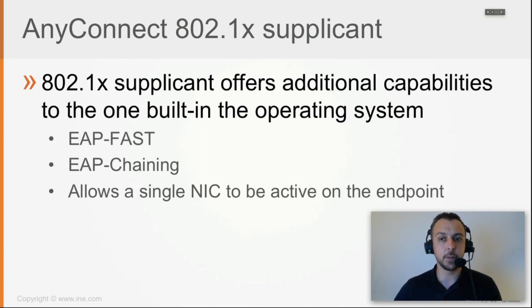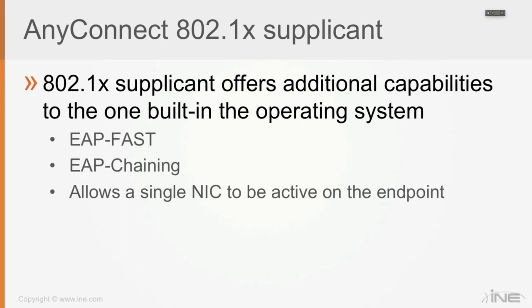And of course, except the fact that it's a different supplicant, it adds a lot of additional capabilities. Some of them would be that it supports EAP-FAST as the authentication protocol. It supports EAP chaining, which means authenticating both the user and the machine at the same time.